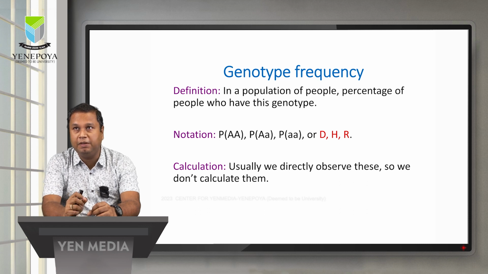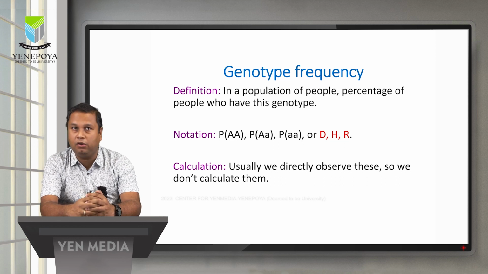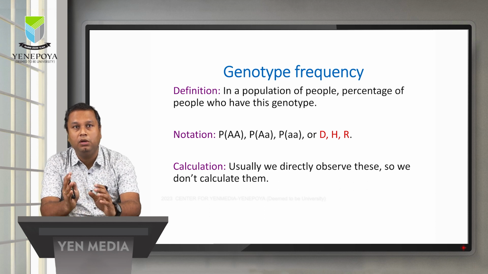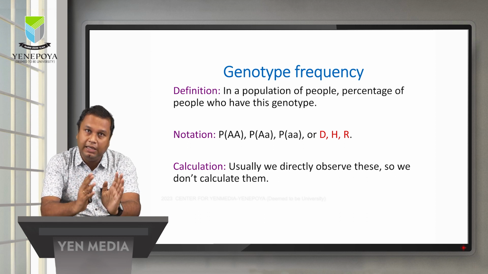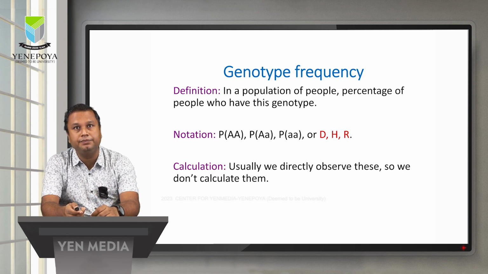And genotype frequency is given by capital A capital A, capital A small a, small a small a, or dominant D, heterozygous H, recessive R. The idea of DHR comes from Mendel's laws. Now with the progression of science, we know all genes are not dominant or recessive, they are somewhere in between, but we have kept the notations to show the connection with Mendelian genetics. We can directly observe genotype frequency from the individuals, and we do not need to do any calculation for this.